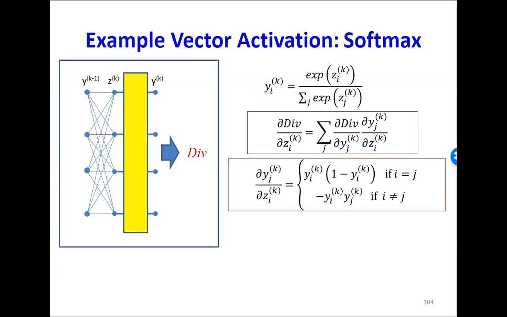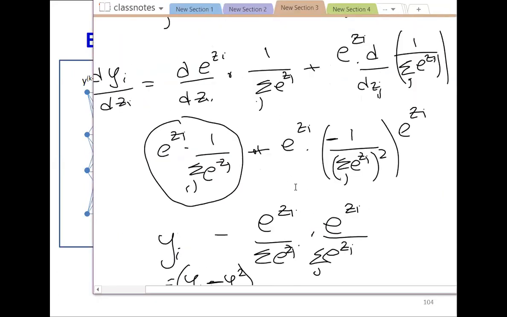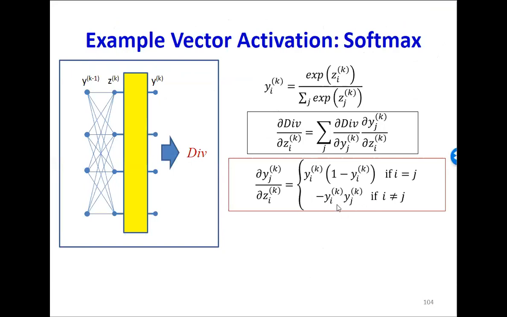If you go back to your derivatives here, the first term is the derivative with respect to zj. So this will become 0 because this is e raised to zi with respect to e raised to zj. So this first term is going to disappear. You're just going to be left with minus yi times yj. I suggest that you actually go through this arithmetic.